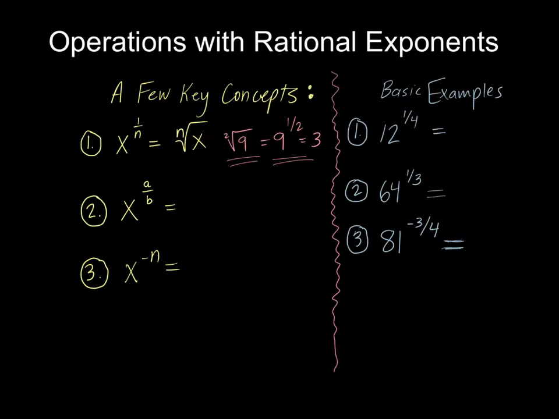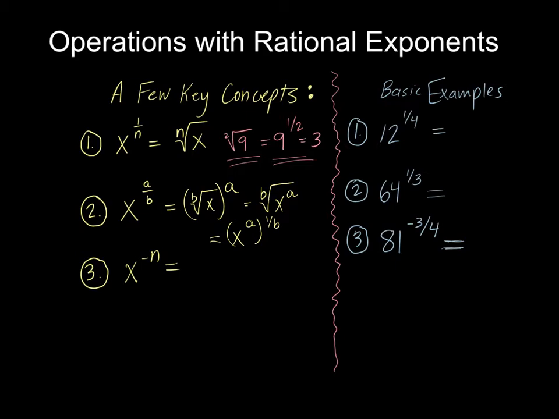So it could be thought of as the bth root of x to the a power, or it could also be thought of as the bth root of x to the a power. That order of operations is fine either way because basically what they both are is x to the a to the 1 over b, or switch the a and the 1 over b because the multiplication can go in either order. So those are what a fractional rational exponent like that looks like.